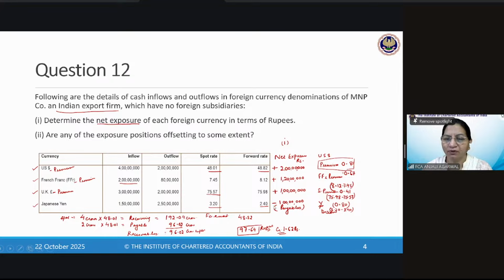But if the 1 crore is now payable at 2.40, the outflow is 2.40 crores, right? So therefore, instead of 3.20, we have to now pay only 2.4. There is a net gain of 0.80 in this currency. So 1 crore into 0.80, you will end up getting a gain of 80 lakhs, right? Right. Yeah, thank you.